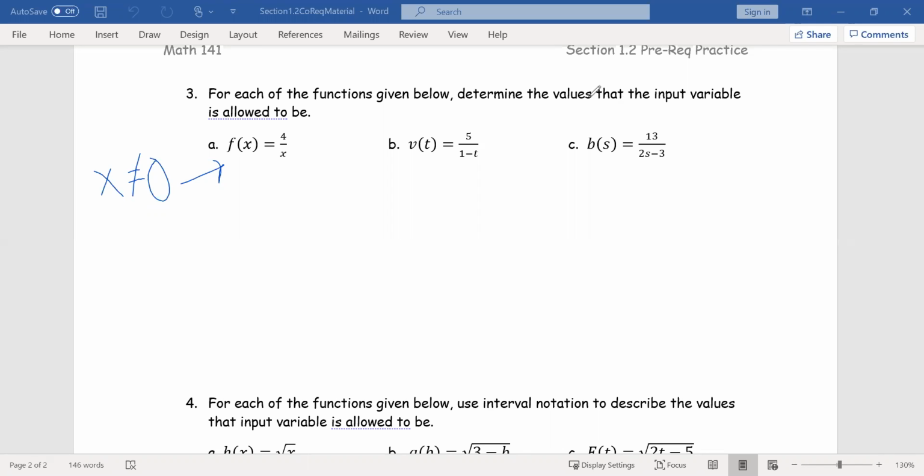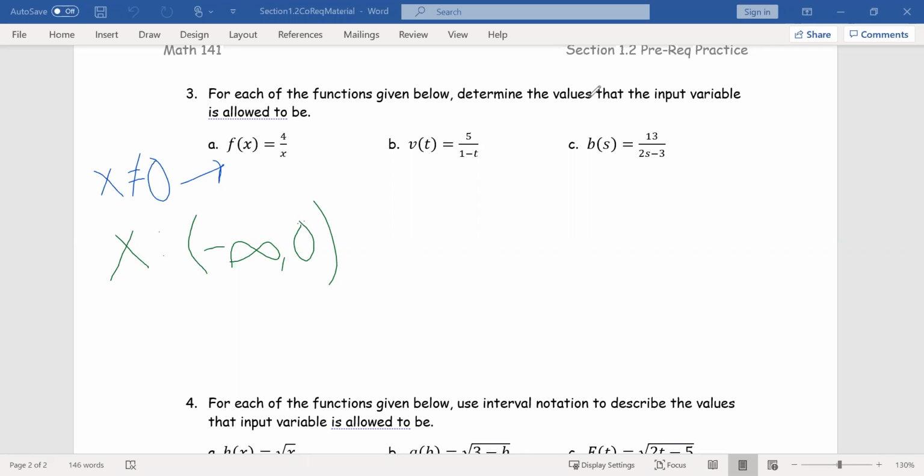And again, x can be anything except for 0. So to say what x can be, well, it can be any number as negative as we want. So in that case, we can start at -infinity up to, but it cannot be 0, right? So I'll put a 0 there and an open parenthesis. Now I'm not going to -1 there because I can have things between -1 and 0, right?